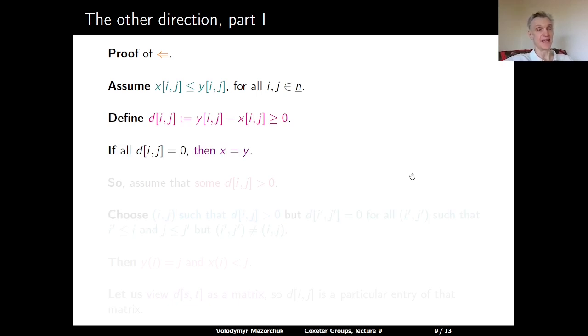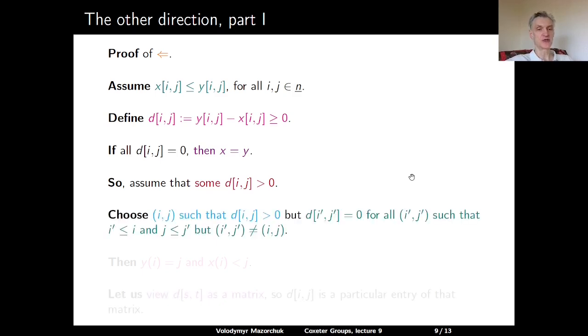If d is identically 0, then of course x is equal to y, so there is nothing to prove. So let us assume that some d_{i,j} is greater than 0. Let us choose i, j such that d_{i,j} is strictly greater than 0, but d_{i',j'} is 0 for all pairs i', j' such that i' is less than or equal to i and j' is greater than or equal to j.